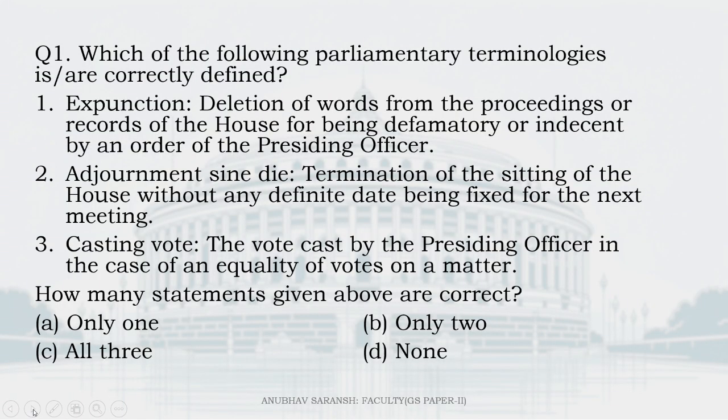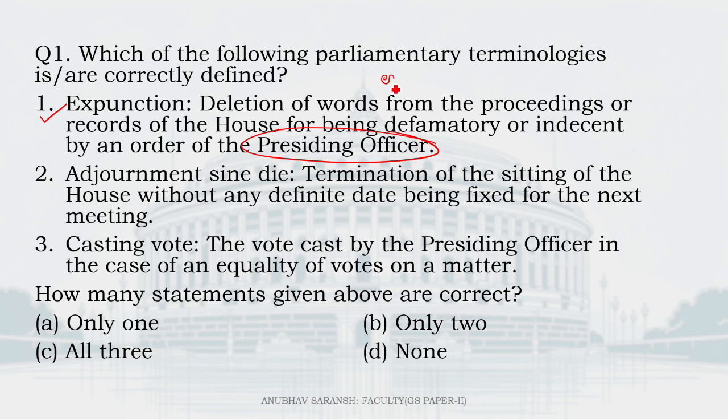Which of the following parliamentary terminologies is or are correctly defined? First one is expunction. Deletion of words from the proceedings or records of the House for being defamatory or indecent by an order of the presiding officer. Absolutely correct.